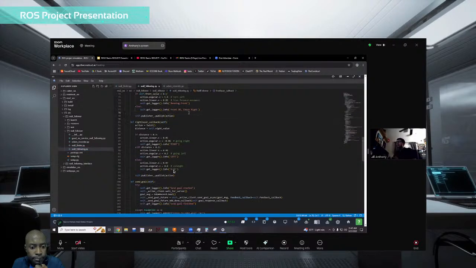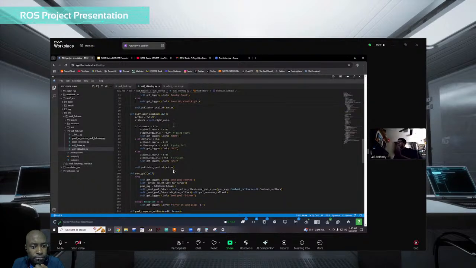So let's go to the right laser callback. This is where it has the robot sit between 0.2 meters and 0.3 meters away from the wall using the right laser scan value. So you are controlling it using that callback, is that right?